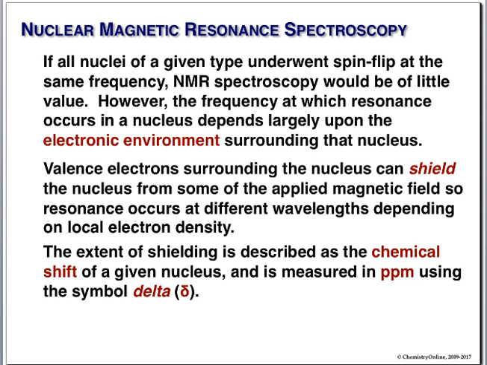Valence electrons tend to shield the nucleus from the RF field. The extent of the shielding is described as the chemical shift of a given nucleus. We represent it by the Greek symbol delta, lowercase, and we describe it in terms of parts per million, ppm. ppm actually has to do with a measure of the frequency that's being shown on the particular nuclei.